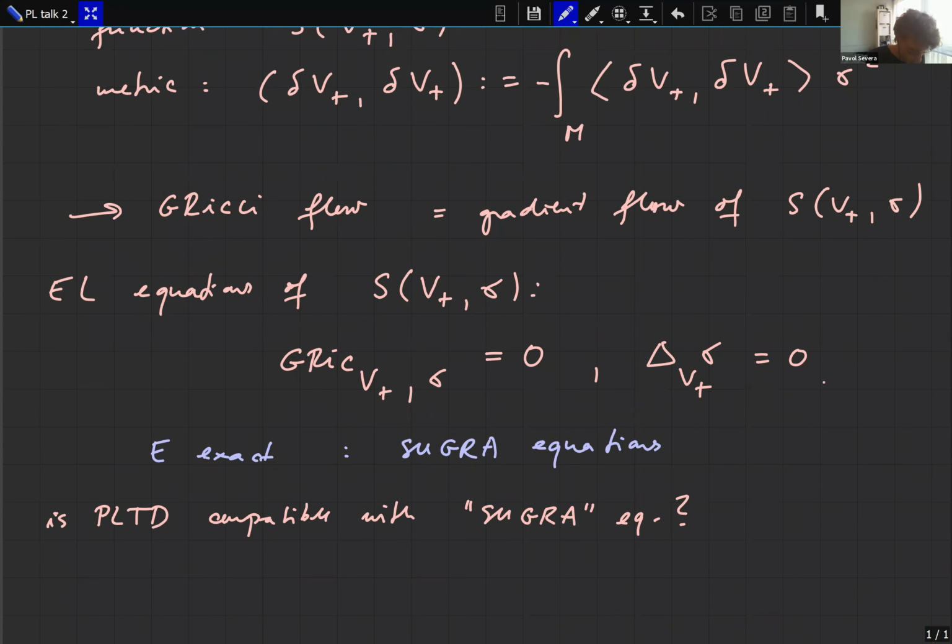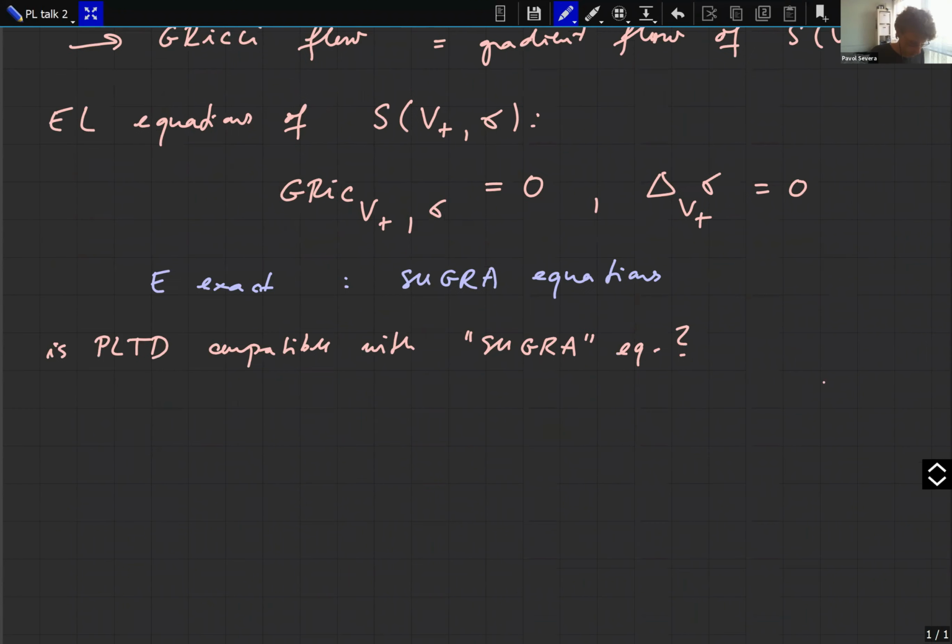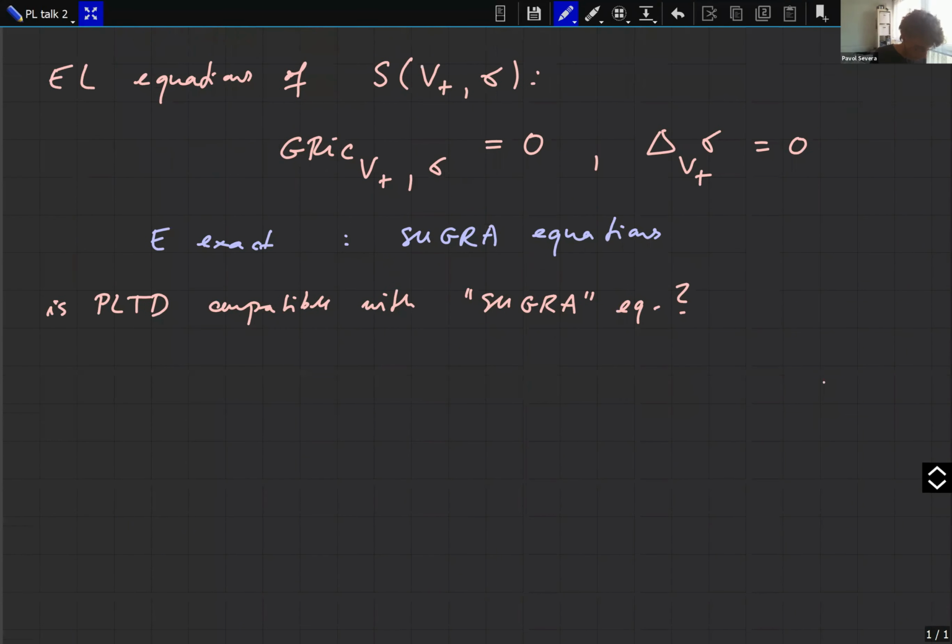The only problem now is: what was the setup for Poisson-Lie T-duality? The idea was that we had one non-exact Courant algebroid sitting over some M and V plus inside, and then we had a pullback.